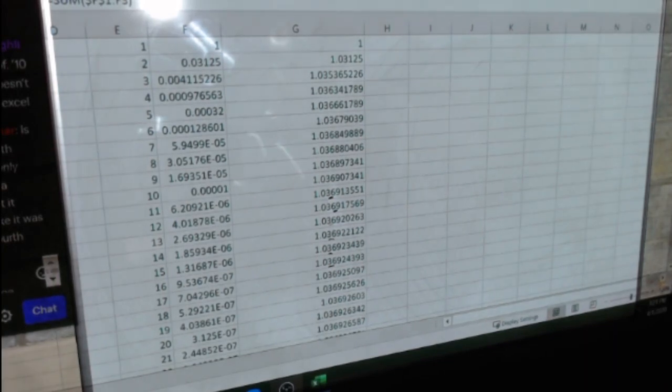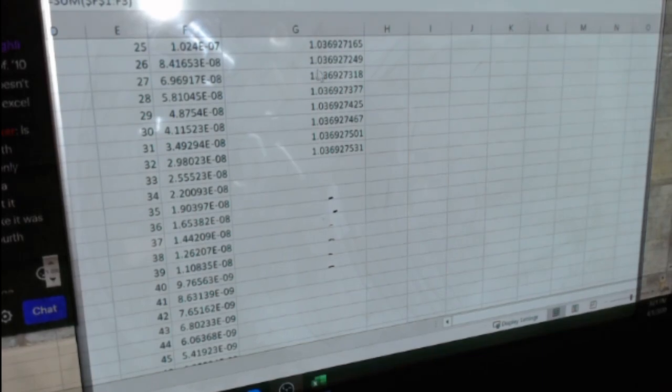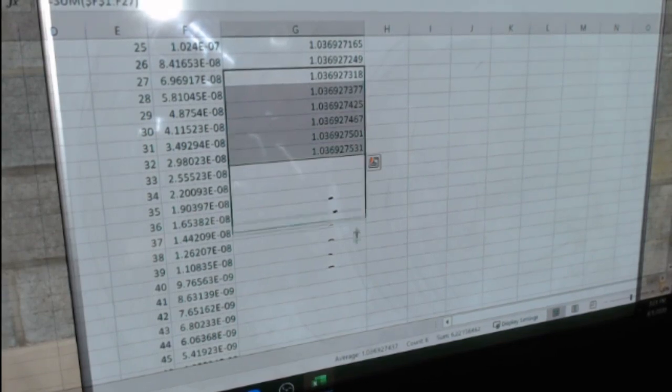Then the fourth digit starts as a 1 here, then a 2, and then it looks like it continues as a 2. So if I were to scroll down and even calculate more terms, it should be 1.03692 forever.